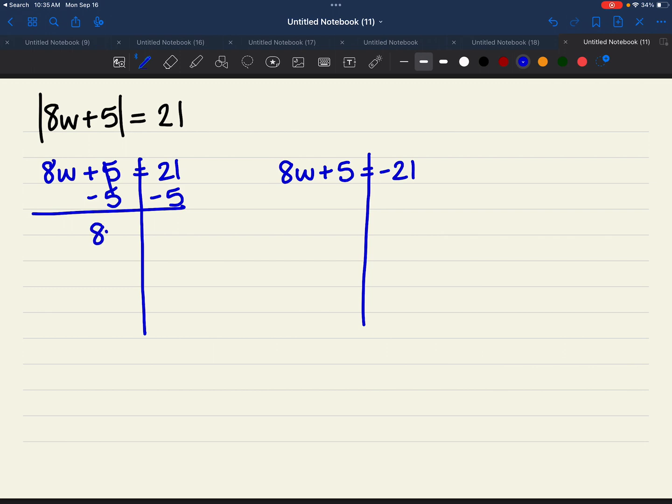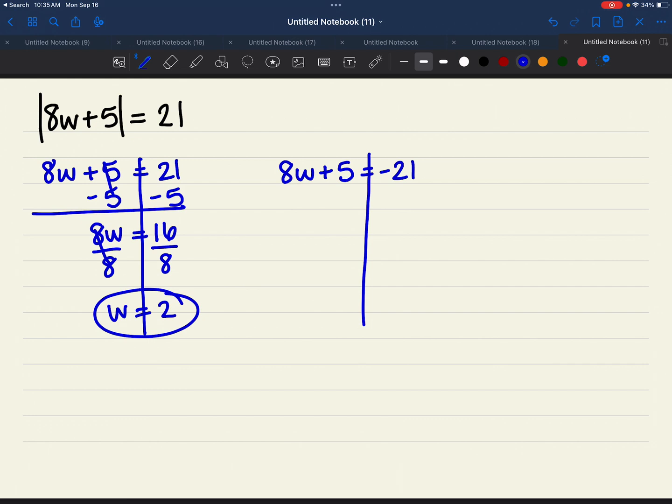Aiden, can you tell me my first step to solve? Good. Anything that doesn't have a variable, we move over to the other side. So I get 8w is equal to 16. What's my last step? Divide by 8.